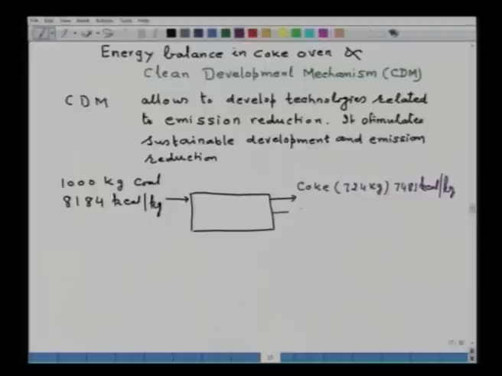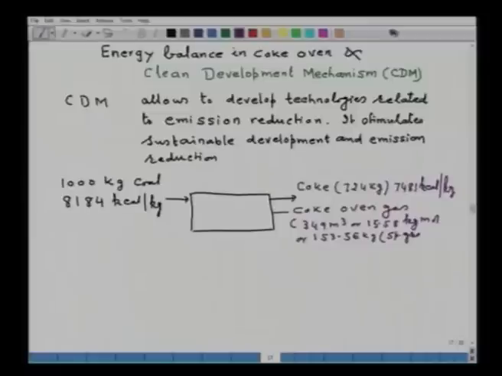Then coke oven gas is produced, and coke oven gas was 349 meter cube, or it was 15.58 kg mole, or 153.56 kg, considering specific gravity of coke oven gas, that is equal to 0.44 in relation to air.